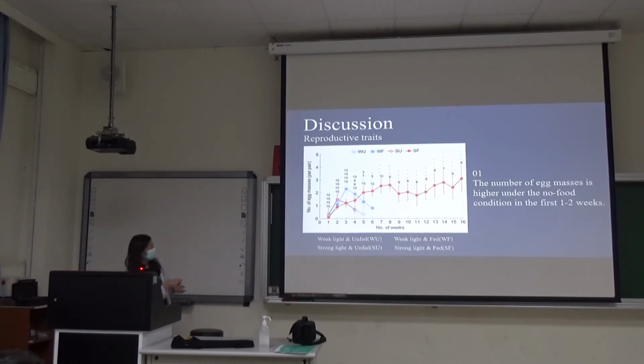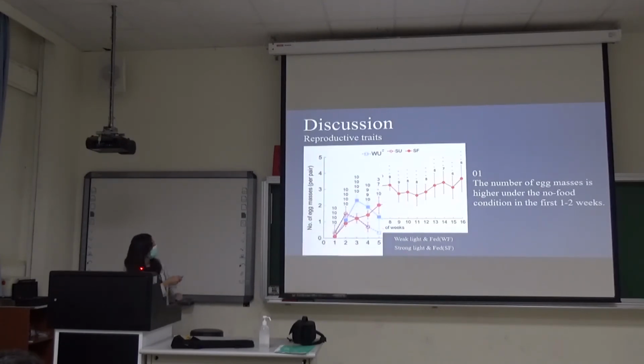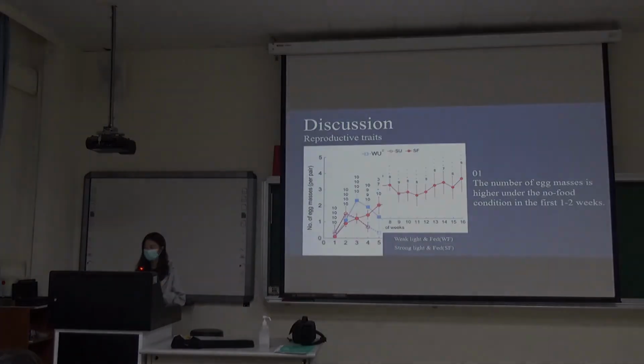So we can see at 1 to 2 weeks, let me enlarge the figure, you can see here 1 to 2 weeks, this unfed condition is higher than the others. It's because of a life history tactic: individuals will use resources for egg laying after they start to die.